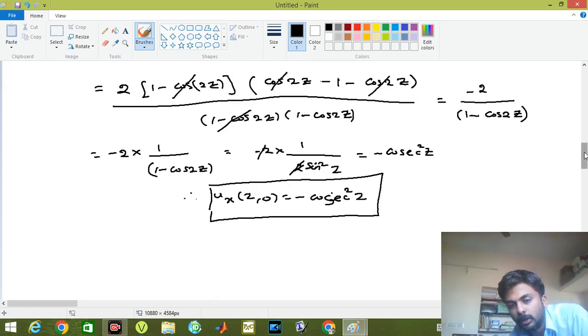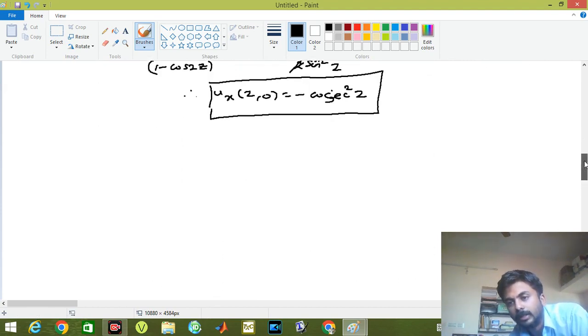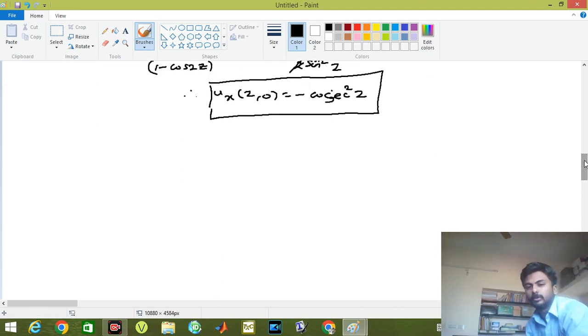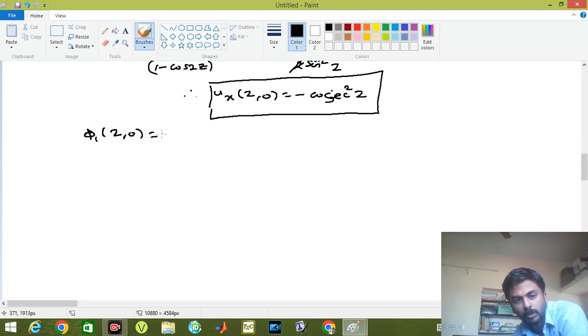This ux of z comma 0 is nothing but phi 1 of z comma 0 equal to minus cosecant square z.